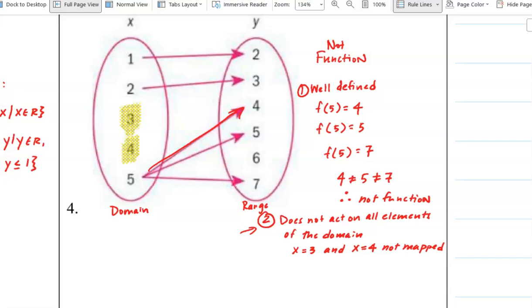This is not a function. But also, the second reason is that inputs 3 and 4 do not produce an output.